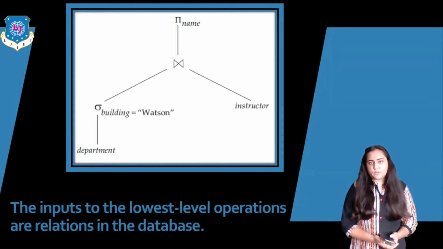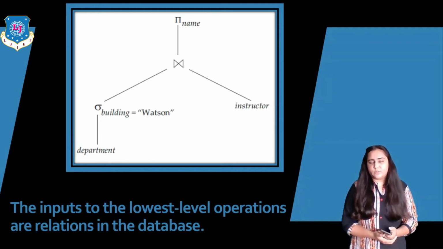The inputs to the lowest level operations are relations in the database. So definitely when we begin from the bottommost level, we would be working with tables that are actually present in the database. That is not true once we move upwards. Then we might be working with the results of operations performed on those tables. But for now, we are working with actual tables that are present in the database.